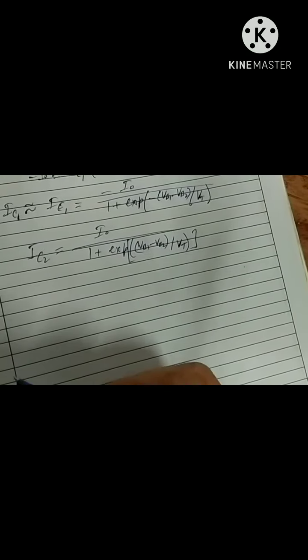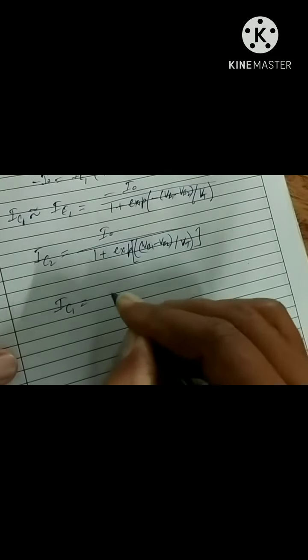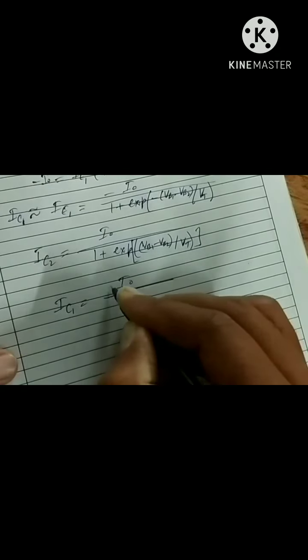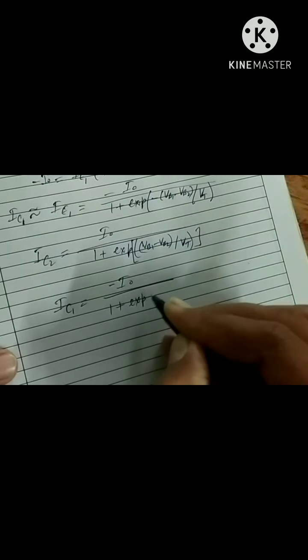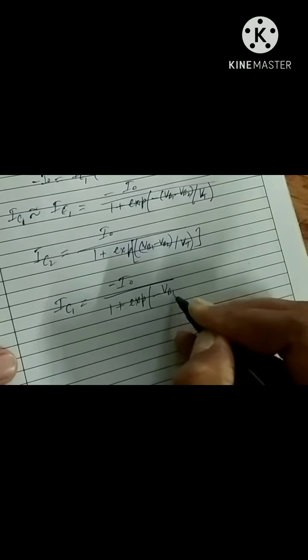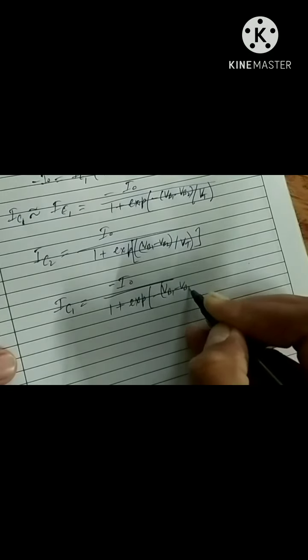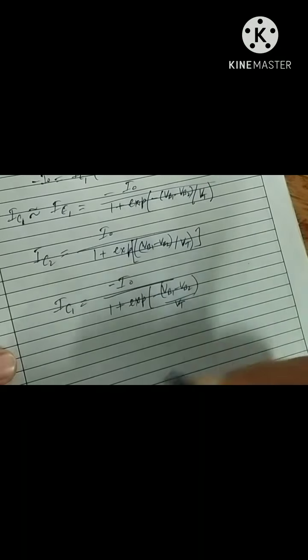Now we have evaluated IC1 is equal to minus I naught over 1 plus exponential minus VB1 minus VB2 divided by VT.